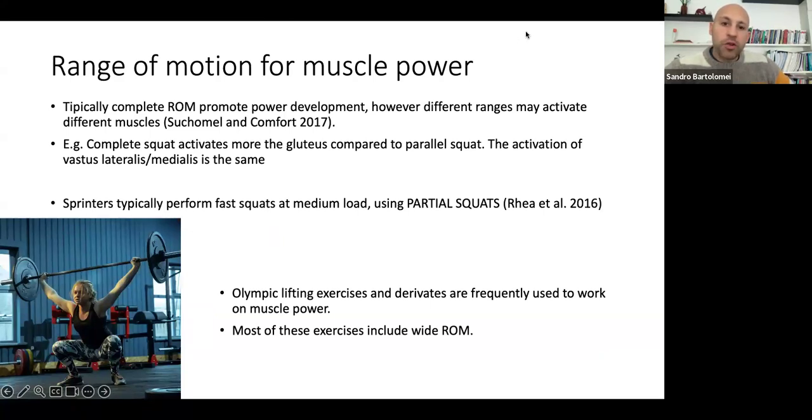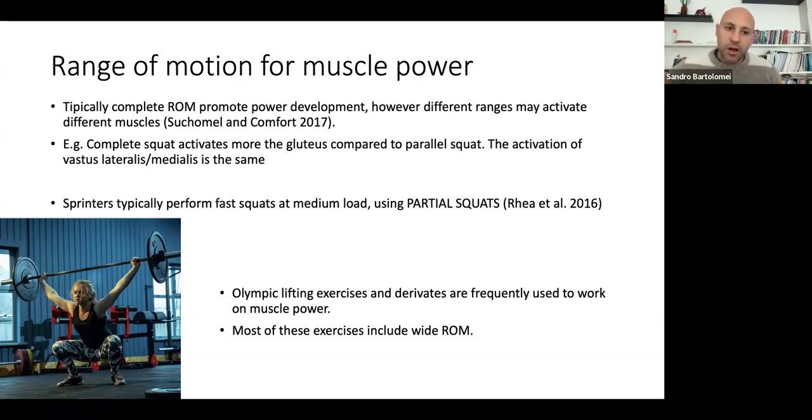Okay, range of motion for muscle power. Typically, in order to obtain the highest level of power, we need to use the entire range of motion because by using it, we have more possibility to accelerate the load and to obtain higher velocities.